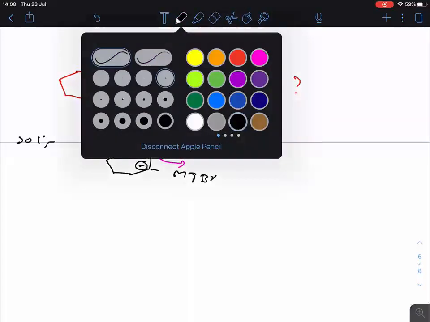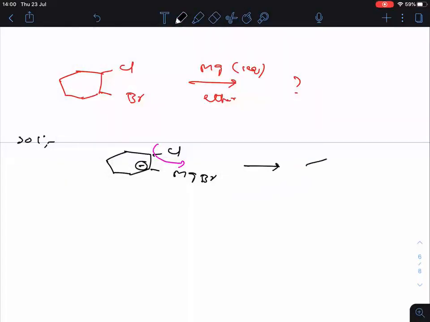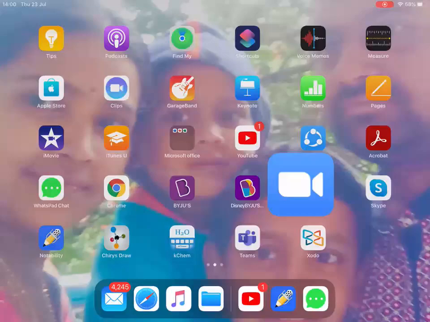When Cl minus departs out, the final product is cyclohexene. So tell me, anyone having any doubt here?